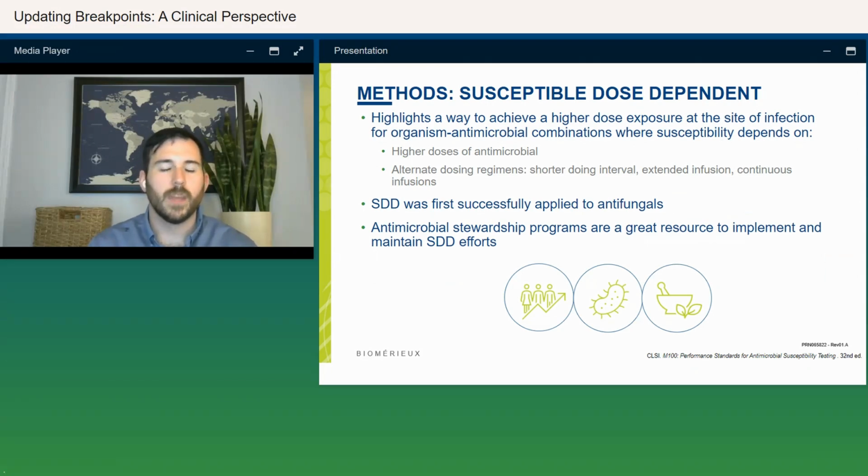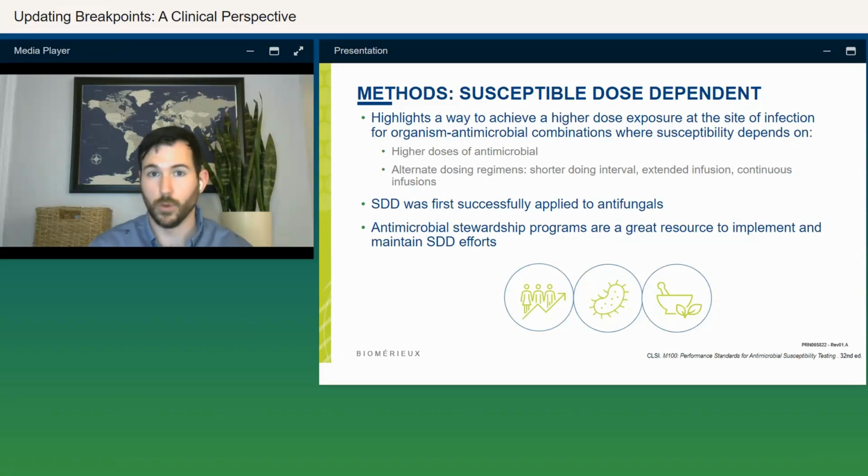What susceptible dose dependent does for the lab, for clinicians, for patients, is it allows the report to highlight a way to showcase that a higher drug exposure at the site of infection for that organism-drug combination exists. So that can be achieved by giving a higher dose of a drug than what may normally be given, or providing some alternative dosing recommendations.